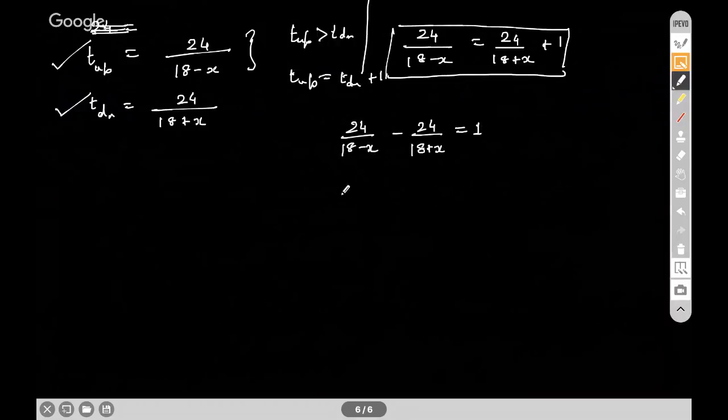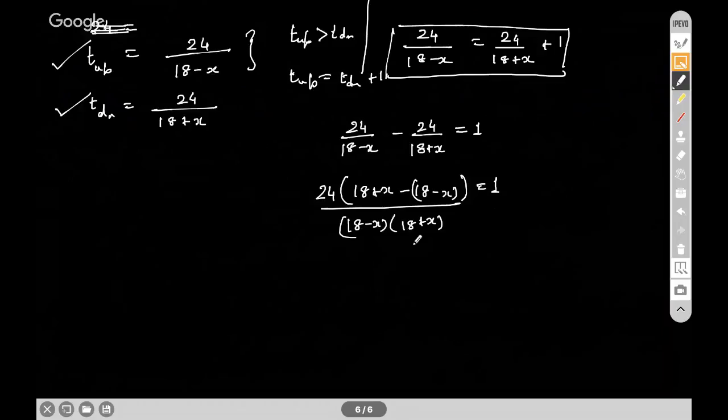Take LCM, and 24 is common, so you can write 24 into 18 plus x minus 18 minus x, and in the denominator, 18 minus x times 18 plus x, equals 1.